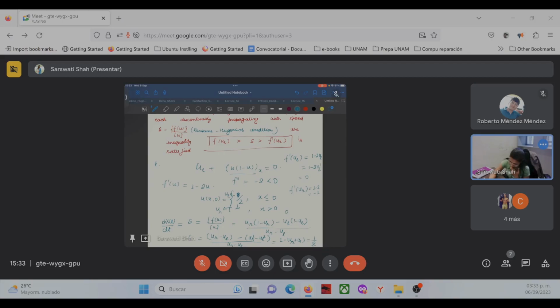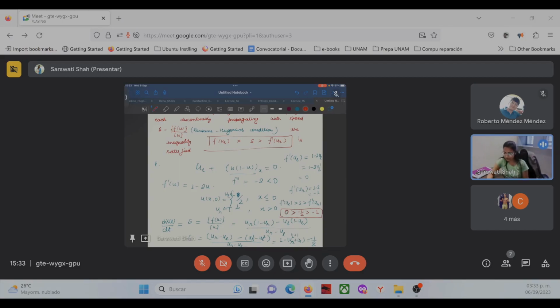So s is 0 plus 1 minus 1 by 2. So f dash u_l is 0, f dash u_r is minus 1. Here we can see that f dash u_l is greater than s is greater than f dash u_r. So 0 is greater than minus 1 by 2 is greater than minus 1. That is satisfied. So when you write a solution in this form, then it is going to satisfy.